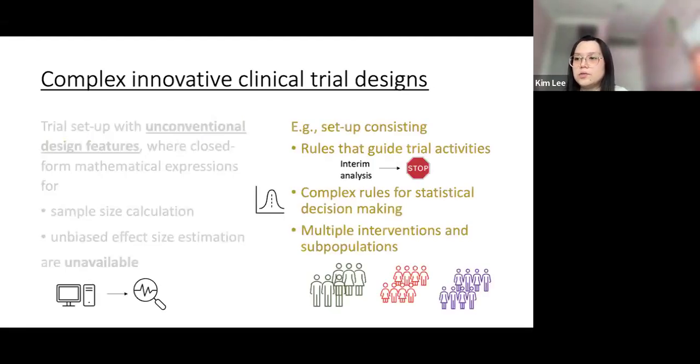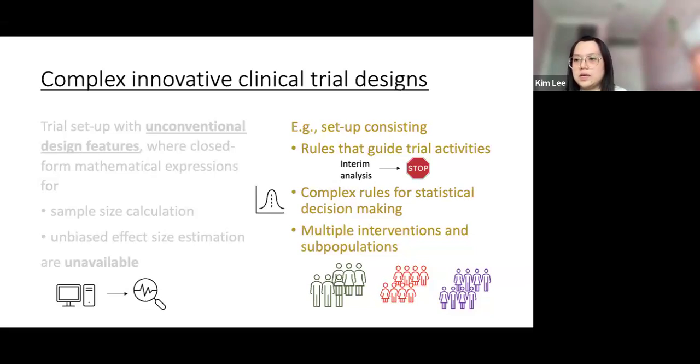Specifically, clinical trial simulation can identify trial setups that have design adaptation rules for guiding trial activities or complex statistical rules for making inference, such as the use of Bayesian criteria. Clinical trial simulation can also investigate properties of trial design that test multiple interventions on multiple subgroups before implementation.